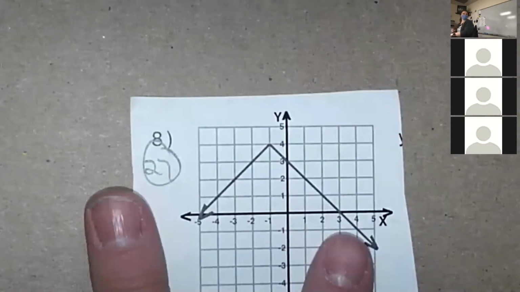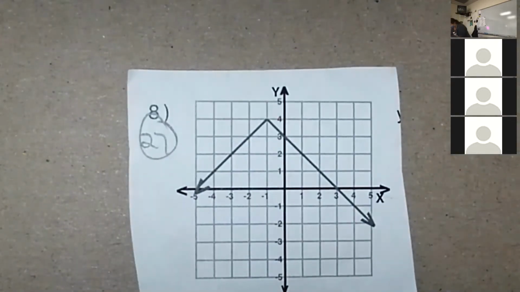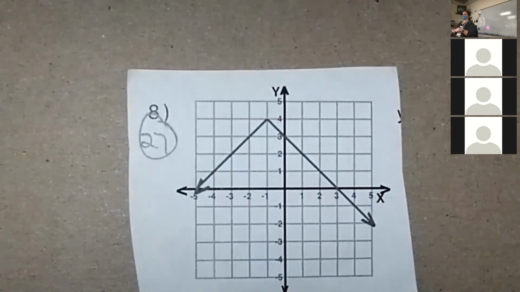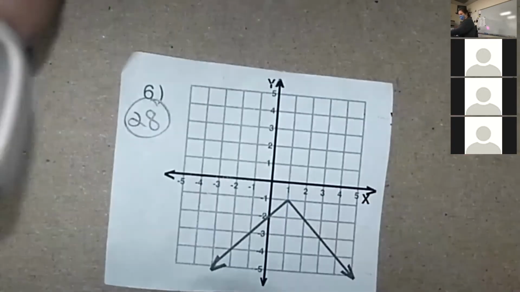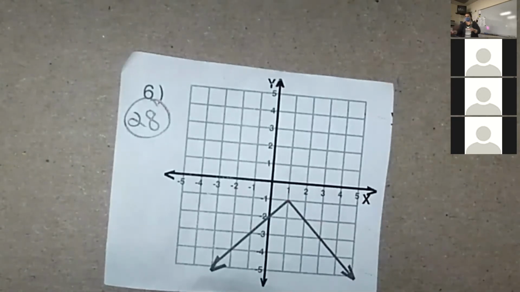Twenty-seven is an equation. Now the funniest one of them all. Equation.